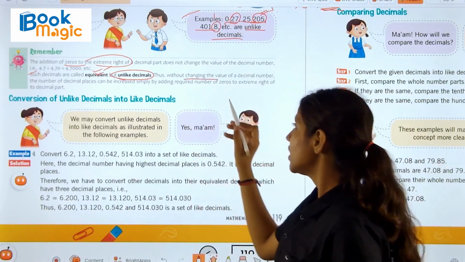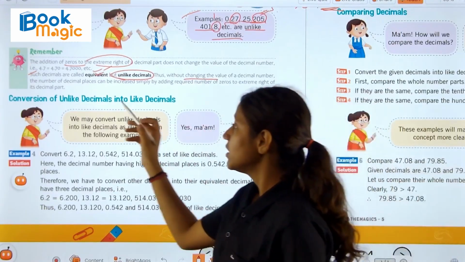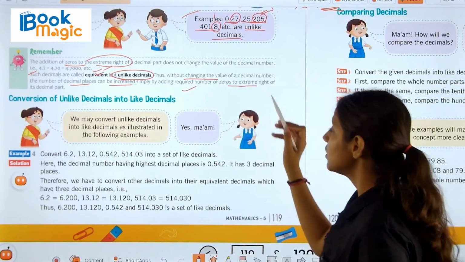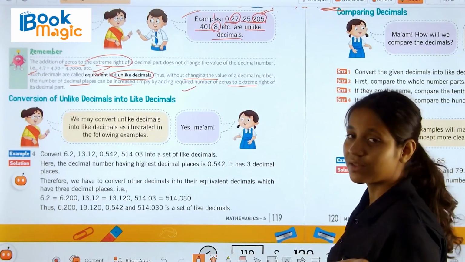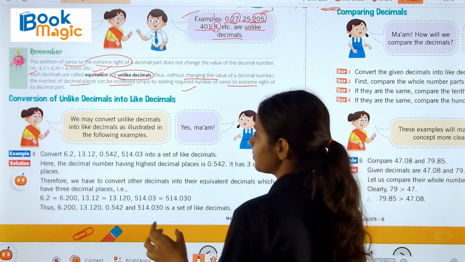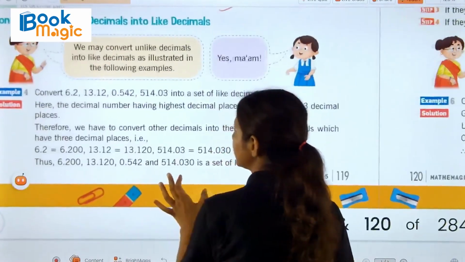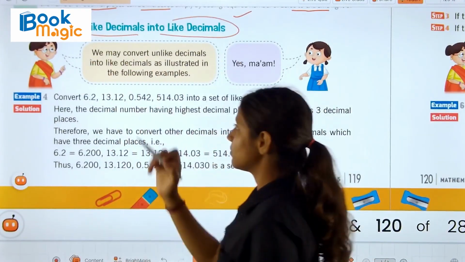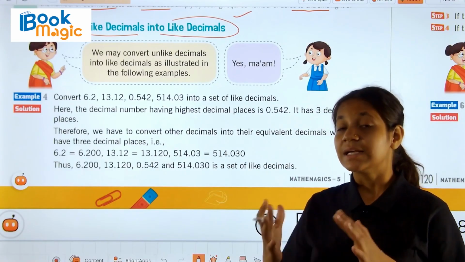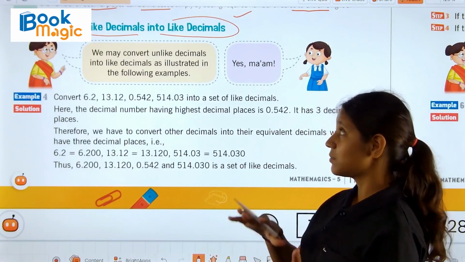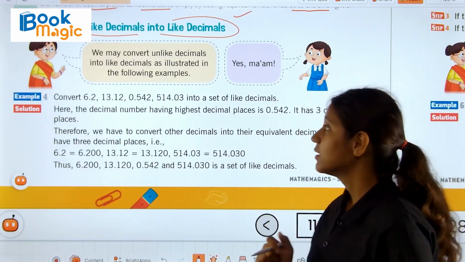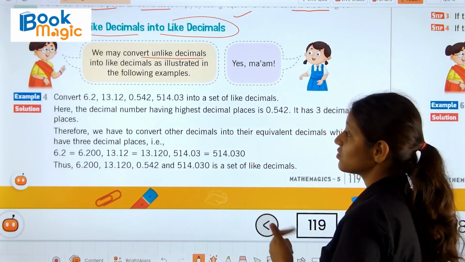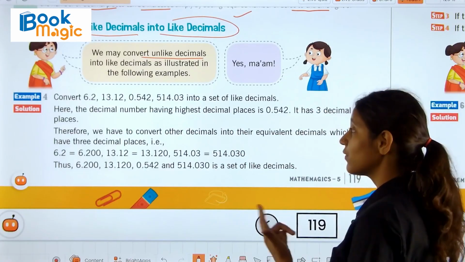Thus, without changing the value of a decimal number, the number of decimal places can be increased simply by adding the required number of zeros to the extreme right of the decimal part. Now we have the topic conversion of unlike decimals into like decimals. How do we convert unlike decimals into like decimals? Let's learn. We may convert unlike decimals into like decimals as illustrated in the following example. So let's follow this example.